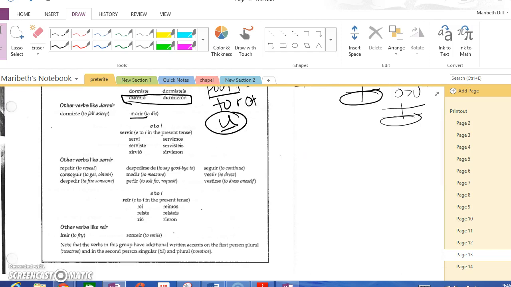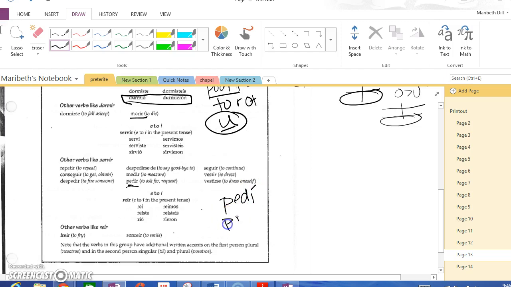Okay, the last kind is E to I in the present tense: sirvo, sirves, sirve, servimos, and sirven. And it will also be E to I in the preterite tense, however, only downstairs. So let's look at pedir. If I ordered pizza, yo pedí una pizza y mi esposo pidió ensalada.